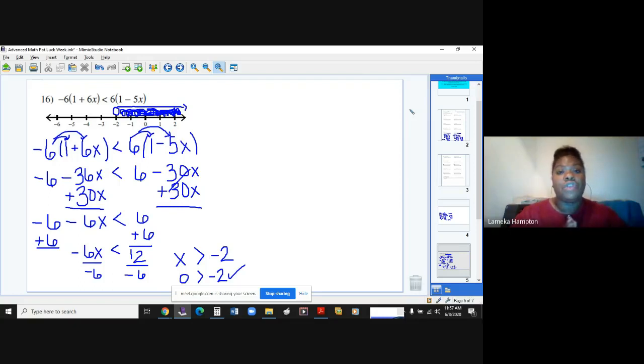Because again, if you know how to do a two-step equation or a multi-step equation, the inequalities will not be too bad for you. Okay. So that's very important. You have to trust the process and you have to know how to work and incorporate each step into different things. Okay. That's very, very important.